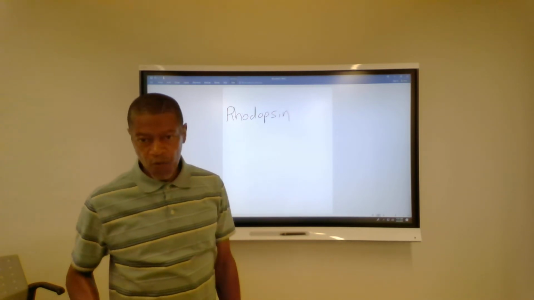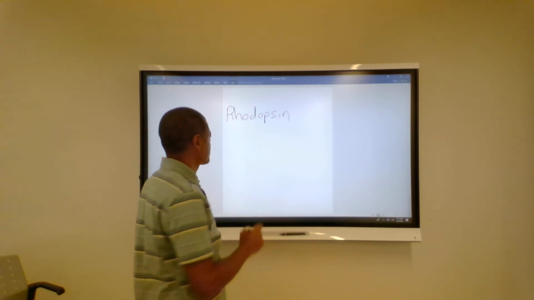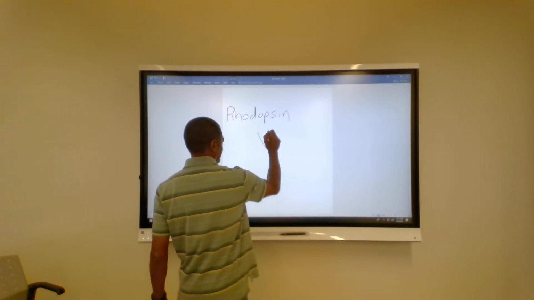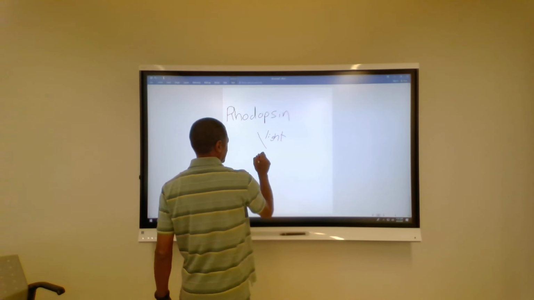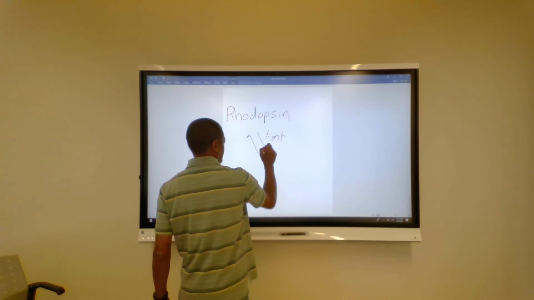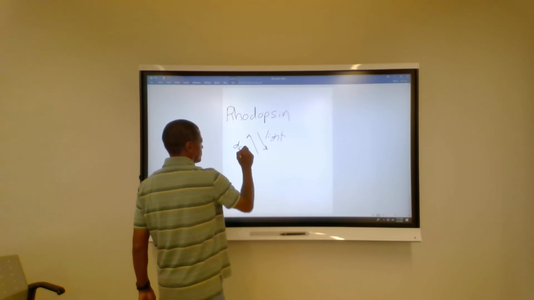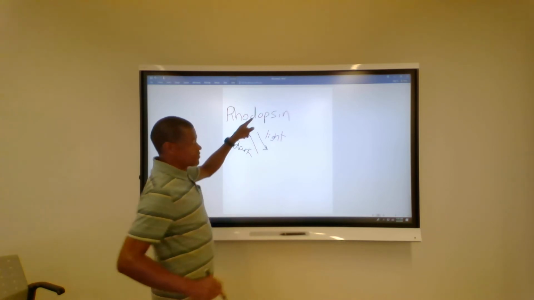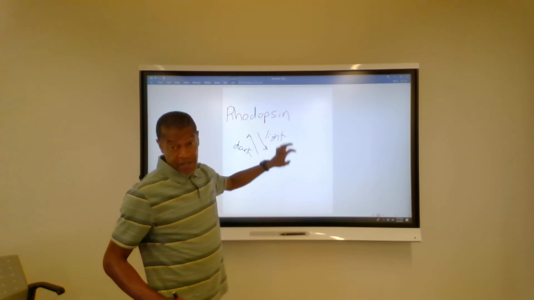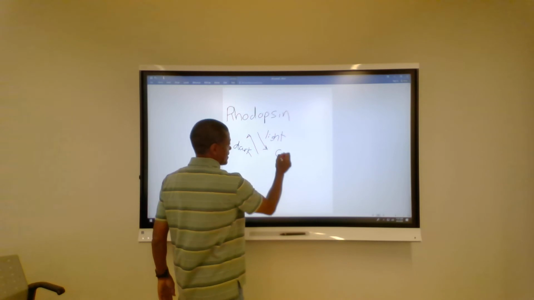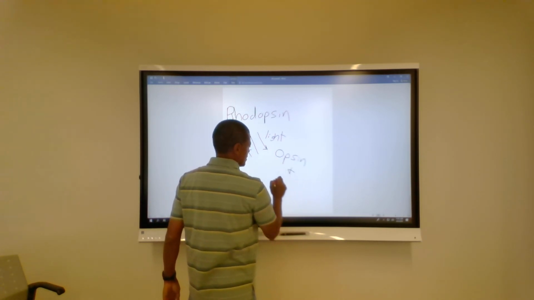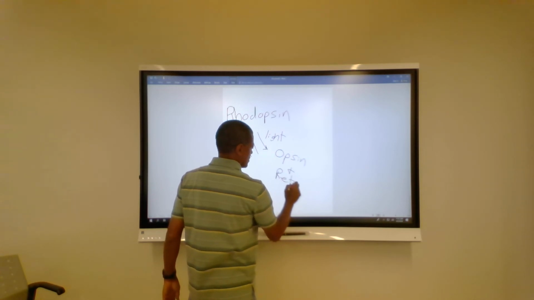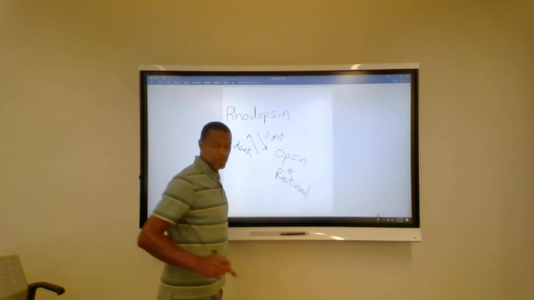Rhodopsin is one particular photopigment. In the presence of light, rhodopsin can break down into, I believe, opsin and retinol.